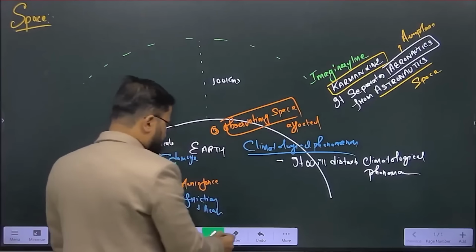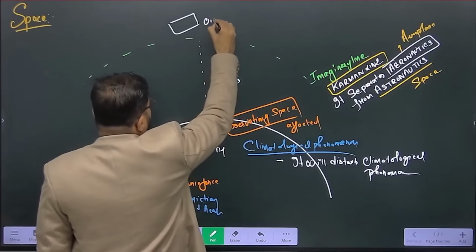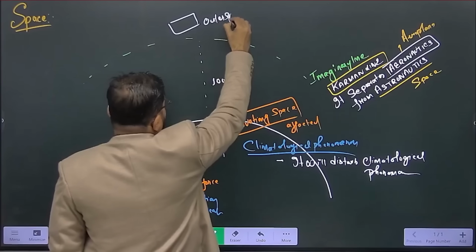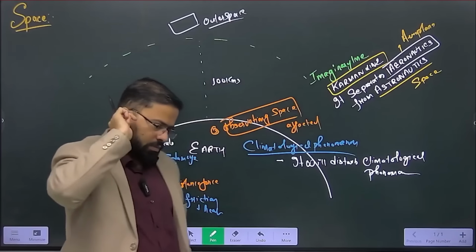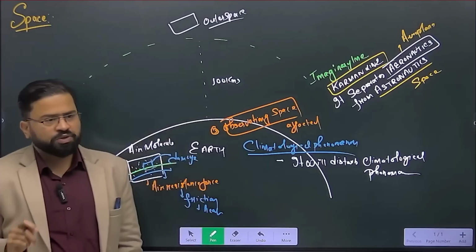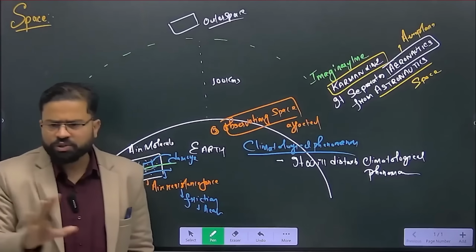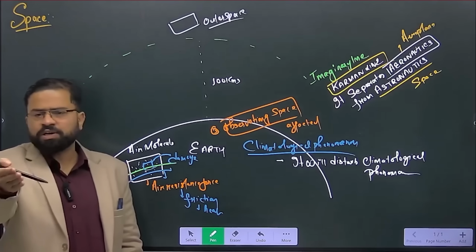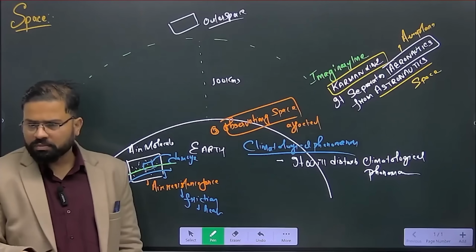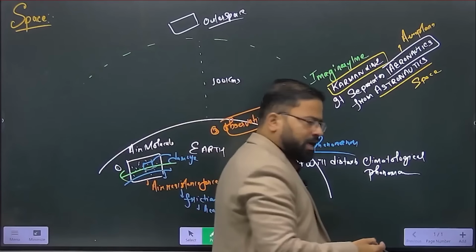Suppose this particular region is called what? Outer space. As per the Outer Space Treaty, this outer space does not fall under the sovereignty claim of any country. It belongs to all. No country can claim this particular region belongs to me.